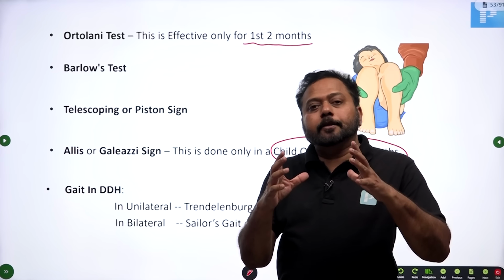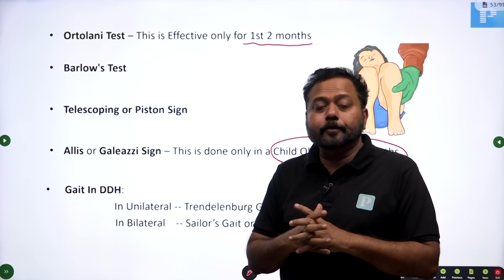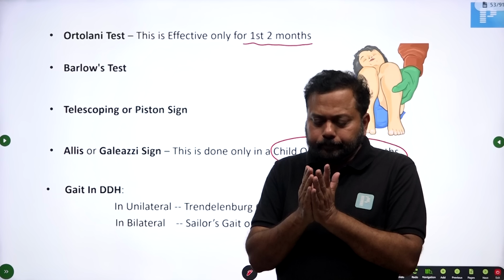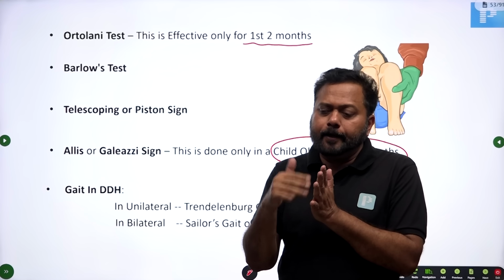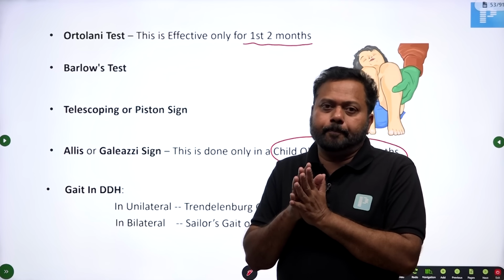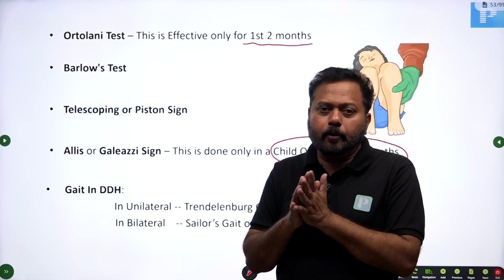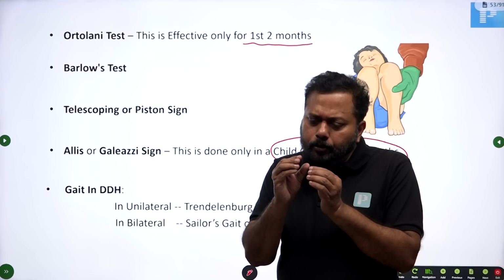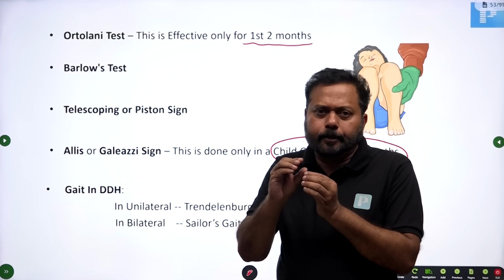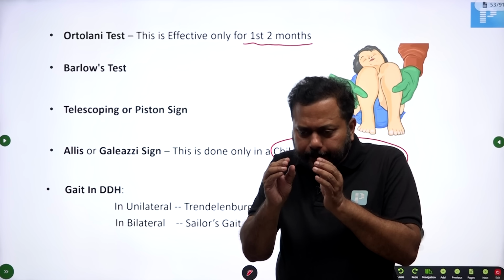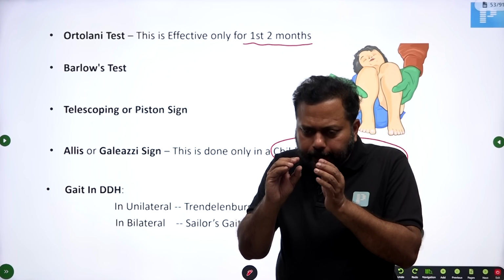Ortolani's test is called a test of entry. What is that? You are receiving a newborn. That newborn is already having a dislocated hip. You are trying to reduce the hip, to relocate the dislocated hip. You are slowly abducting the hip and internally rotating the hip.